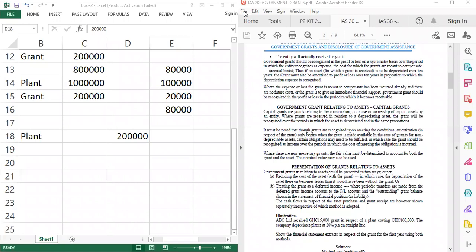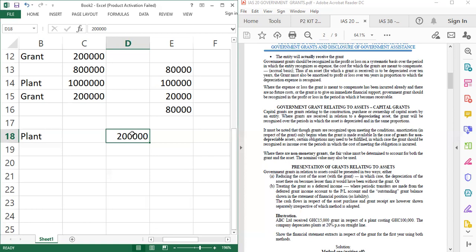All right. So, Senior Socrates, what you said is the best way to go about this, because if you're using the reducing balance method, what will happen is that you haven't paid any amount towards the acquisition of the plant. So it will be 200,000 minus 200,000. At the end of the day, you are having a plant of zero, but you are not having any plant in the statement of financial position, yet you are using the plant.